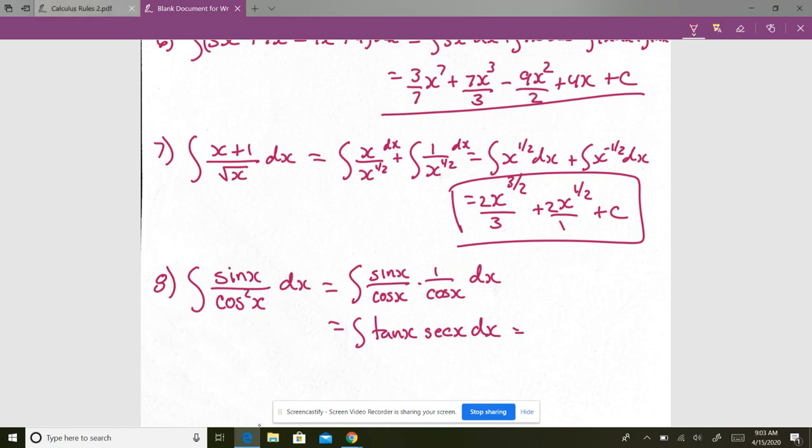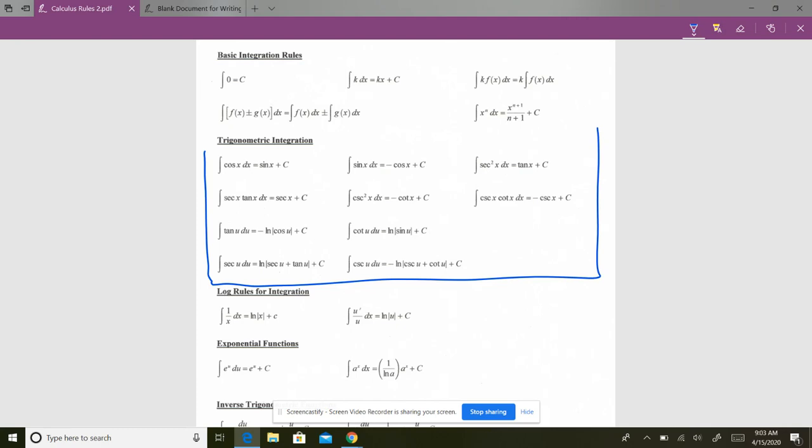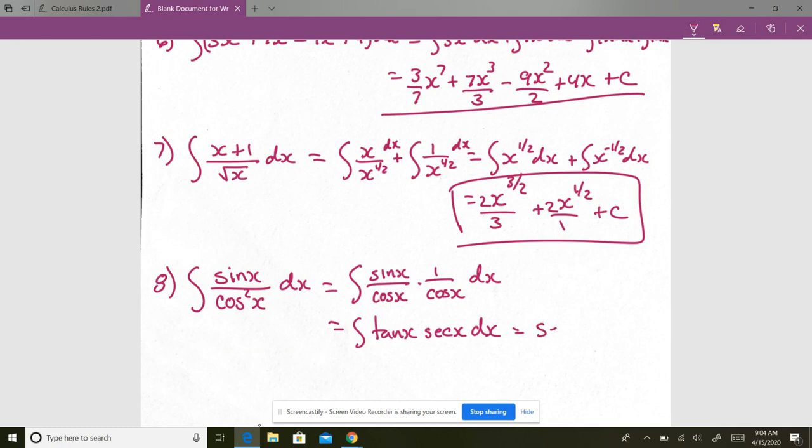Then you go to, can't do anything else in that. The integral of secant x tan x is equal to secant x. So this becomes secant x plus c. We're not going to worry about how this happens. That's later on in the course. But just make your integral match something that is on the formula sheet.